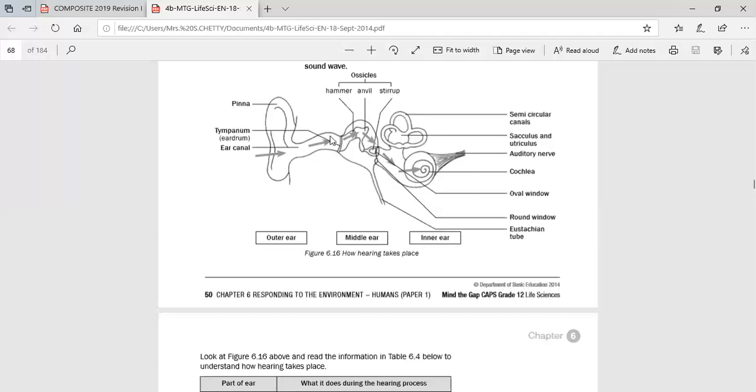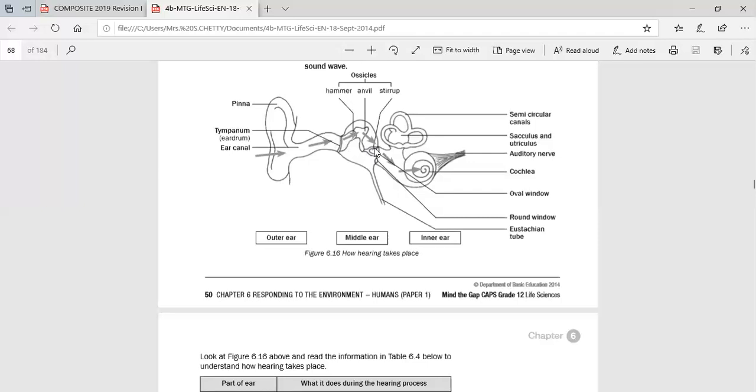And because you're going from a large surface area to a smaller surface area, once again, the vibrations are amplified, because you don't want the vibrations to die down, else your organ of Corti will not be effectively stimulated. So hammer, anvil, stirrup, collectively known as the ossicles.